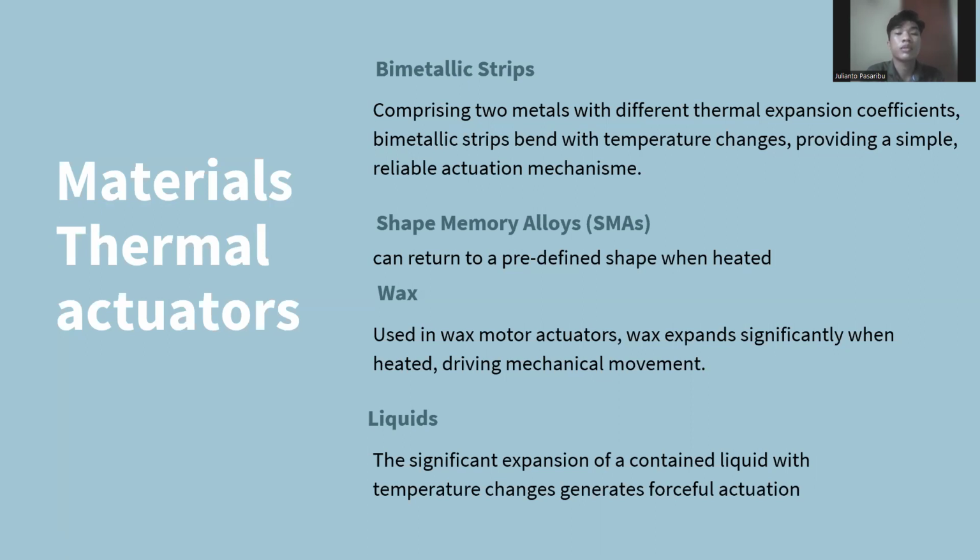Shape memory alloys can return to a predefined shape when heated. Number 3 is wax. In thermal actuators, wax is used in motor actuators. Wax expands significantly when heated, driving mechanical movement. And the last is liquid. The significant expansion of liquid with temperature change generates force for the actuation.